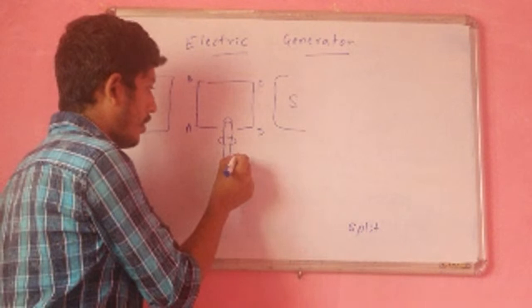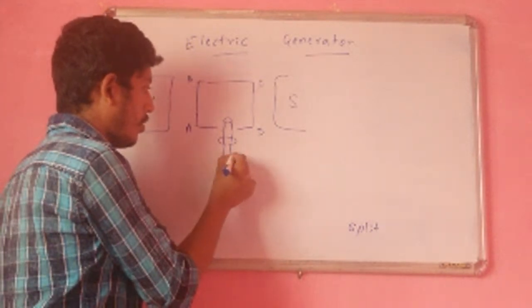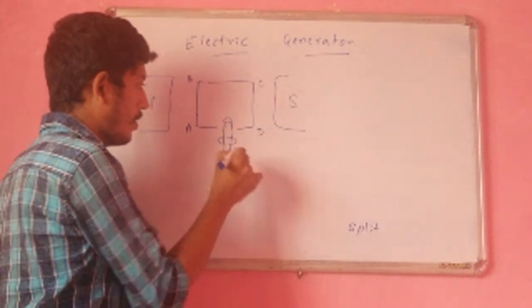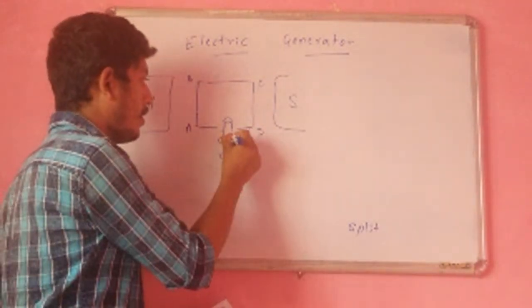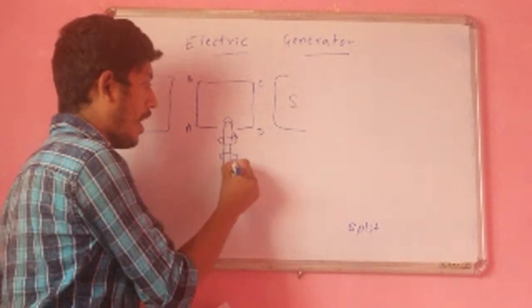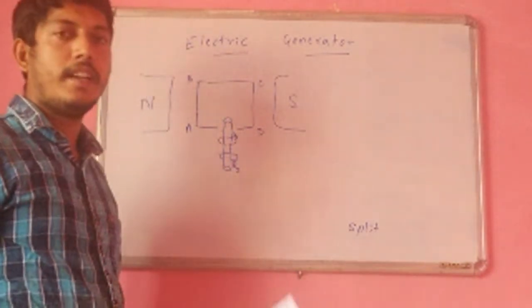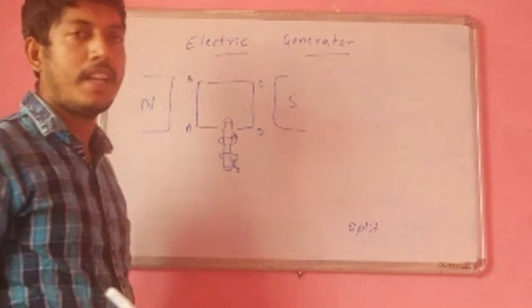Then another ring on the lower part. The names for the rings are R1 and R2, and brushes are attached to the rings.